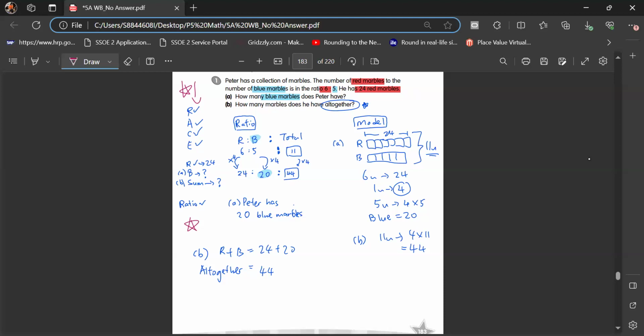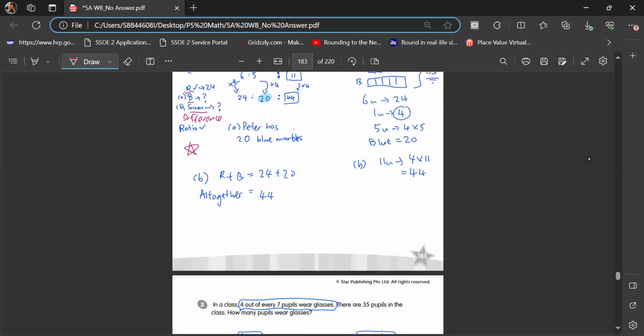When you are able to identify what information is provided in the question and what's missing from the question, then you'll be able to get steps closer to answering. So yesterday we talked about whether we have red, whether we have blue, whether we have sum, and then there's this other term that we call difference. But for this question, we realized that we didn't need difference because sum is talking about the total, altogether is talking about total, which is the sum, which is 11 units.